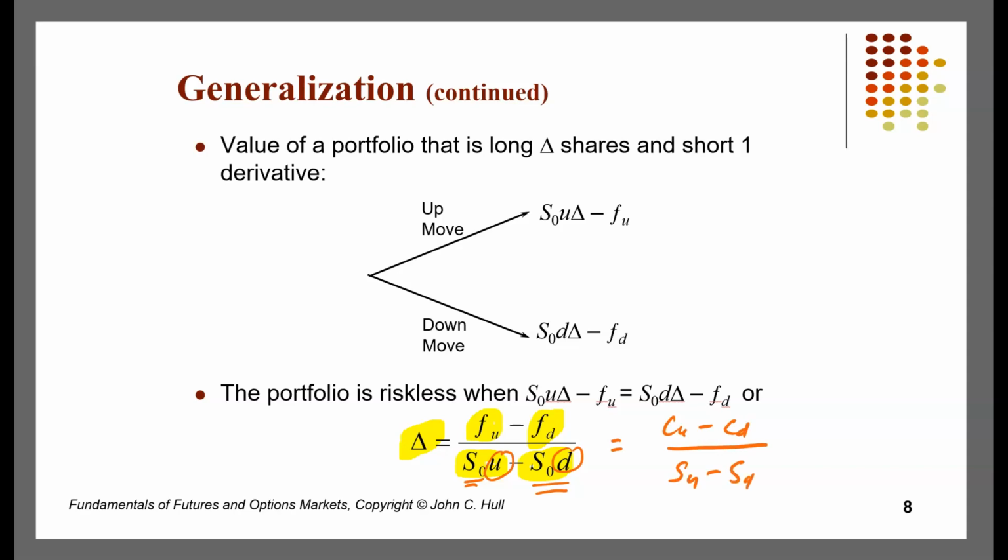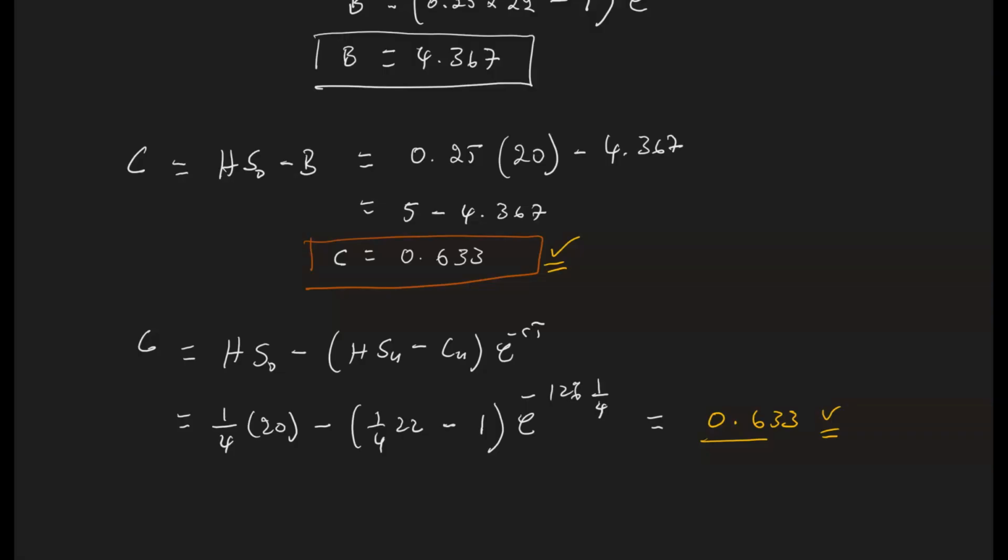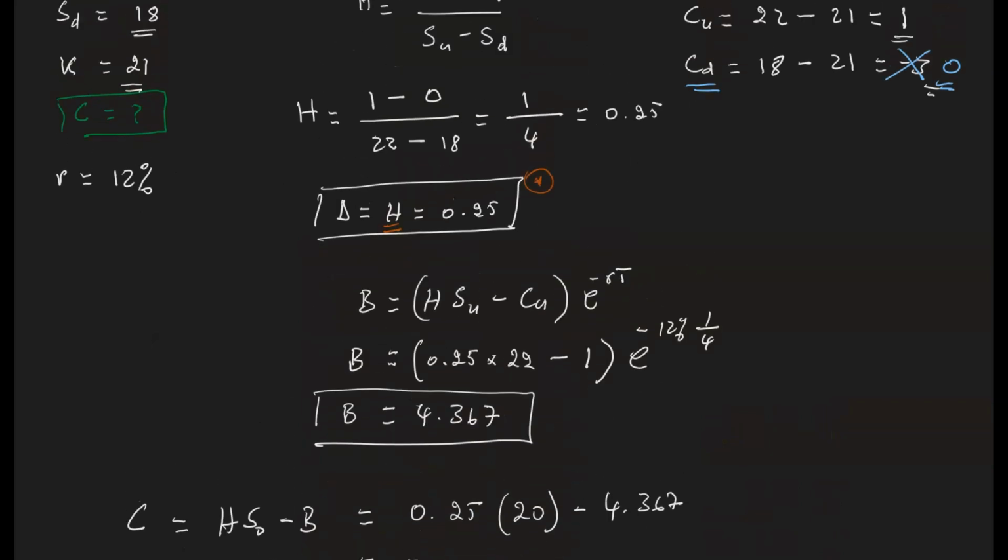One of the reasons I move away from this expression and I rather use the C up, C down, and S up and S down is because I think it's a little more intuitive. Usually my students have a problem looking at it that way, so I try to move away from that expression. Alright, so this is what we're going to have for a call option, and I hope that this makes sense.